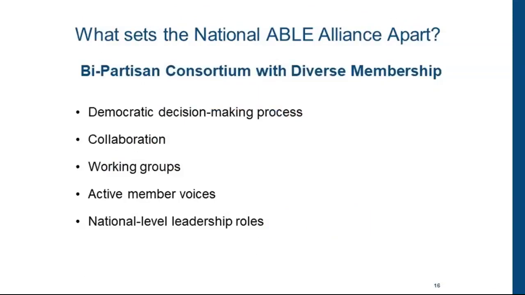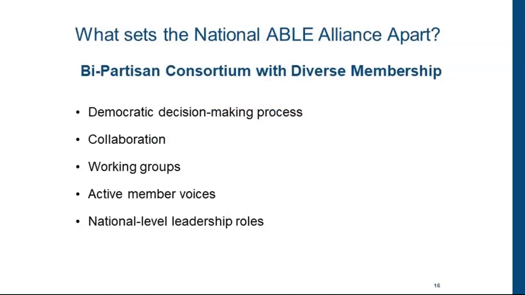I would just like to point out some of the things that set the National ABLE Alliance apart and help contribute to it being such a high quality program. As you could see by the states that are part of the Alliance, we have a bipartisan consortium of red and blue states and purple states and share in a democratic decision-making process.